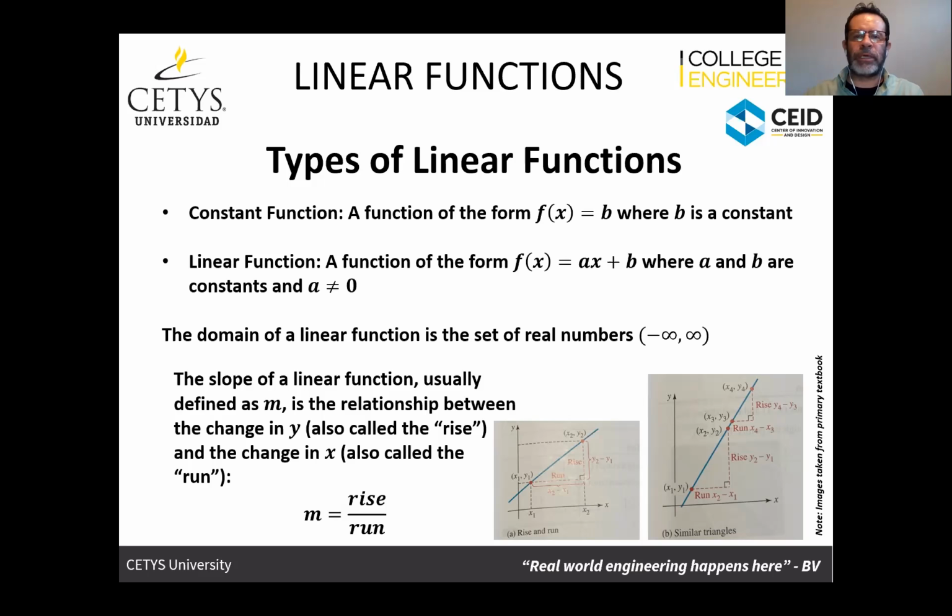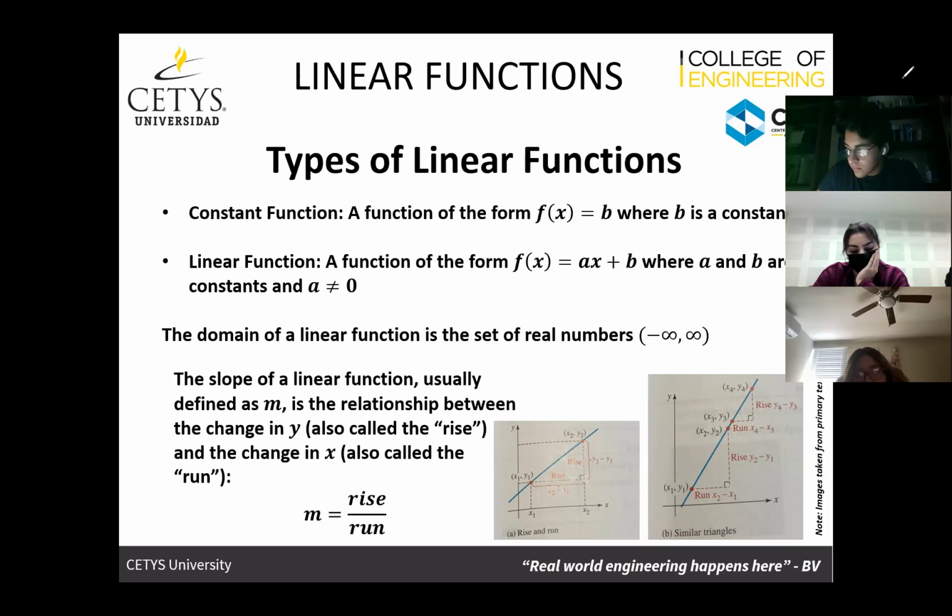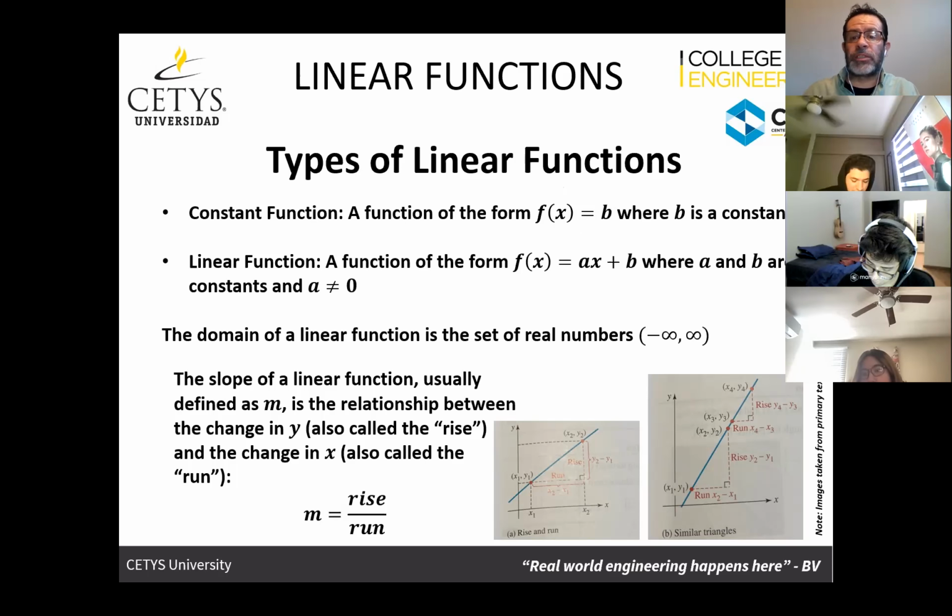So what we're talking about there is that, let's assume that b. So let's see, Anna, give me a number, any number you want, Anna. 4. 4, perfect. 4. So let's assume that b is 4.